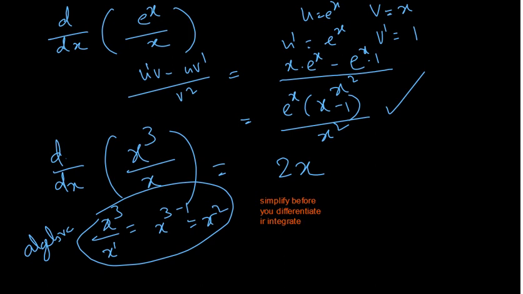This is the golden rule. Okay, so once you simplified, you got x square, and for x square it is 2x.